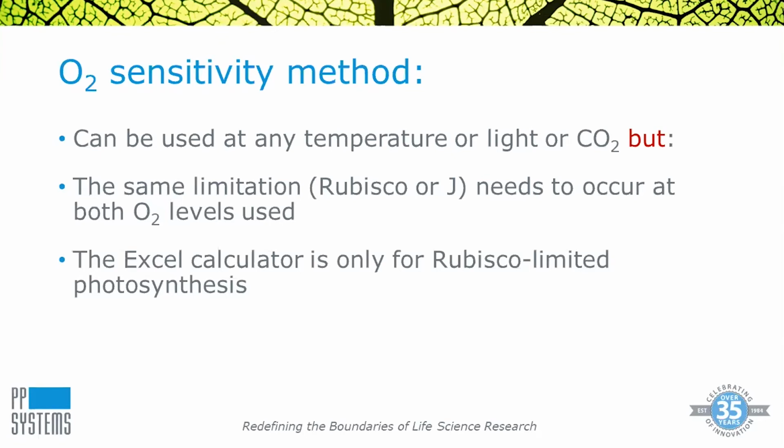So it works fine if you're in the Rubisco limited part of an A/CI curve, and then it very quickly comes up with a solution of what mesophyll conductance value fits both the 21% and the 2% oxygen measurements.